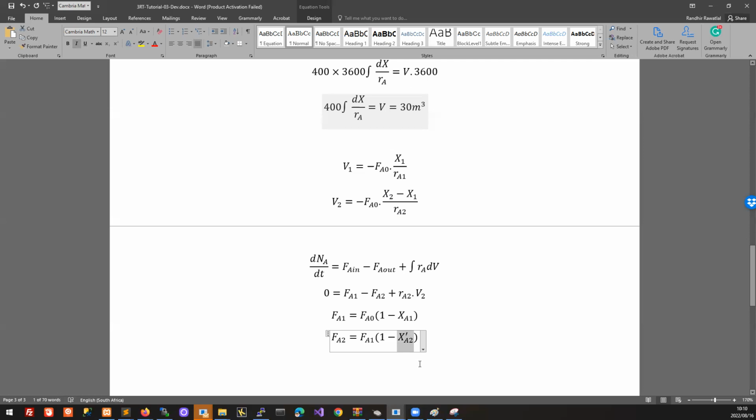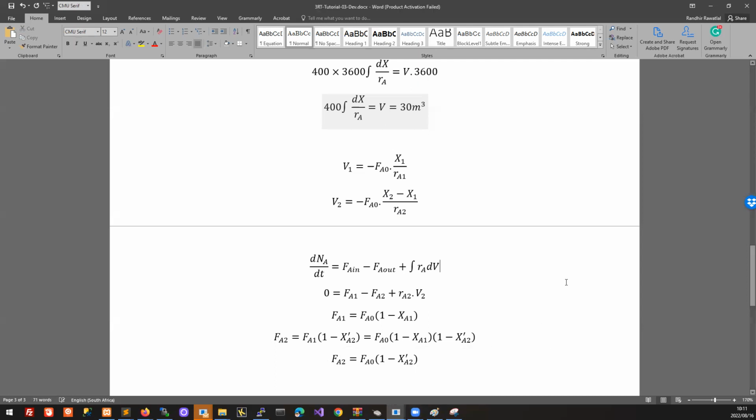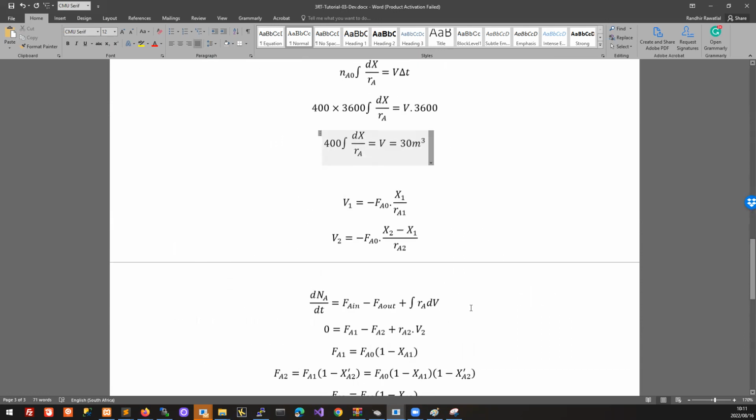So we can write it like this, and then you would naturally go ahead and substitute this here. But much more conveniently, we'd rather write this as FA2 equals FA0 times 1 minus XA2, the overall conversion of A. You need to be quite careful of this, especially when you have multiple reactors in series.